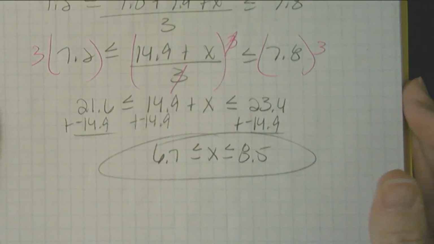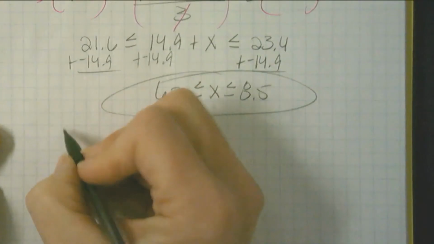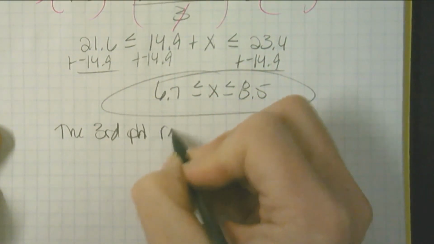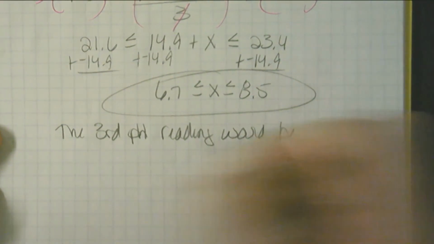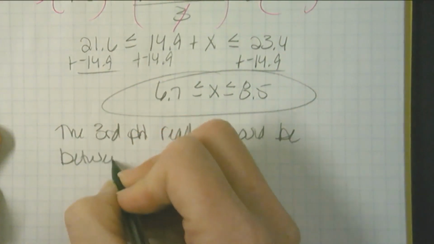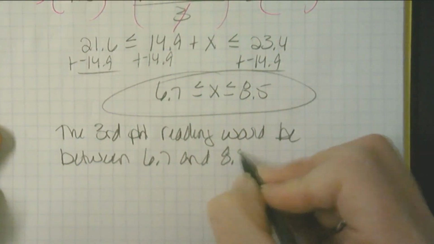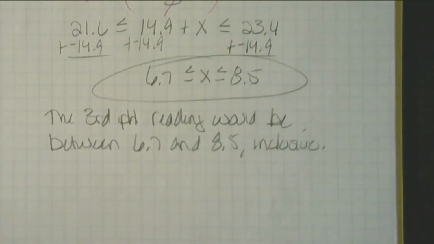Those are my pH readings. All right, so I would say the third pH reading would be between 6.7 and 8.5 inclusive. Means it includes them both.